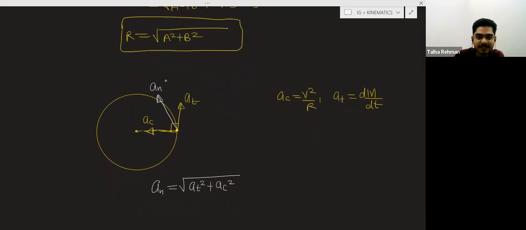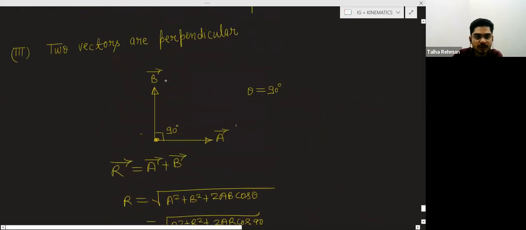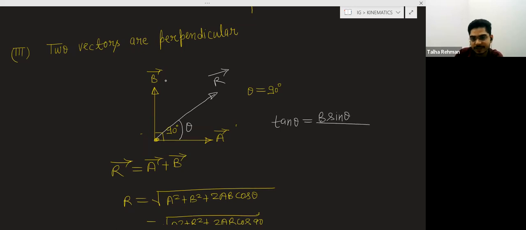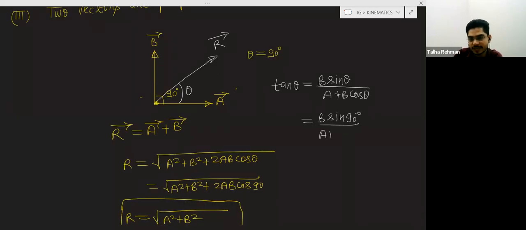And if you want to find the direction now, suppose this is the resultant vector you are getting, and you want to find this theta. Then tan theta you can find as B sin theta divided by A plus B cos theta. What is B sin 90 divided by A plus B cos 90?